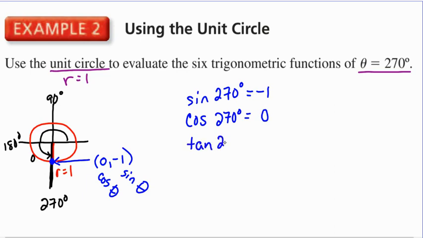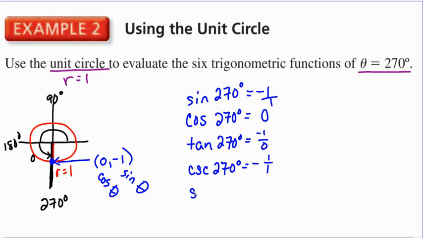Tangent of 270 degrees is going to be y over x, which is negative 1 over 0. And then cosecant of 270 degrees is going to be the reciprocal of sine. If I have negative 1 over 1 and I do the reciprocal of that fraction, it's going to be negative 1 over 1.